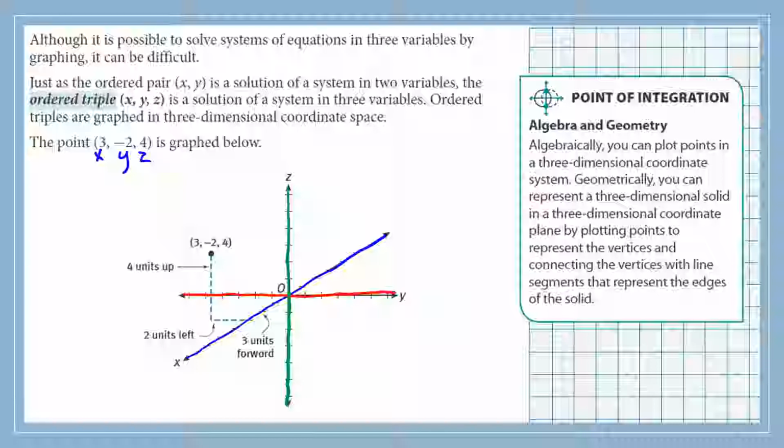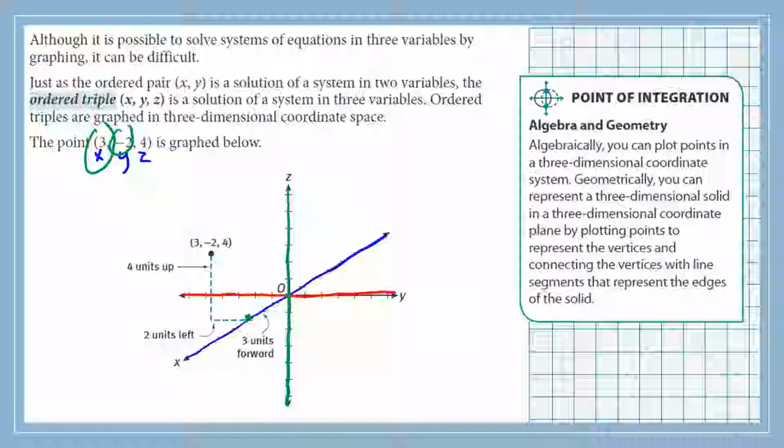And so on the x-axis, you would go to 3. So here's 0. 3 forward as opposed to 3 backward would be right here. And then on the y-axis, you're going to go -2. So that's 2 units left on the y-axis. So from 0, that'll be 2 units to the left.